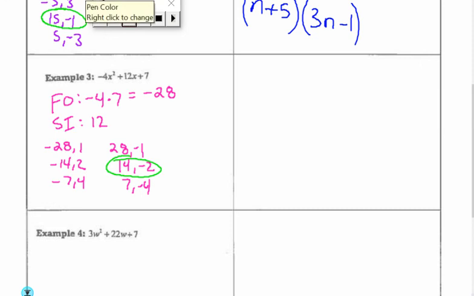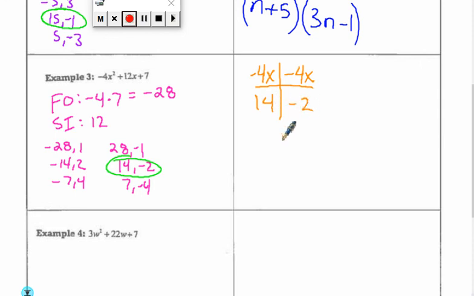So my next step, draw my little t-chart, and I'm going to write a negative 4x. You do have to carry that negative along with it. And I'm going to write my other factors underneath, 14 and a negative 2. So now I'm going to look and say, do these simplify? Can I simplify negative 4 and 14? Yes, I can.